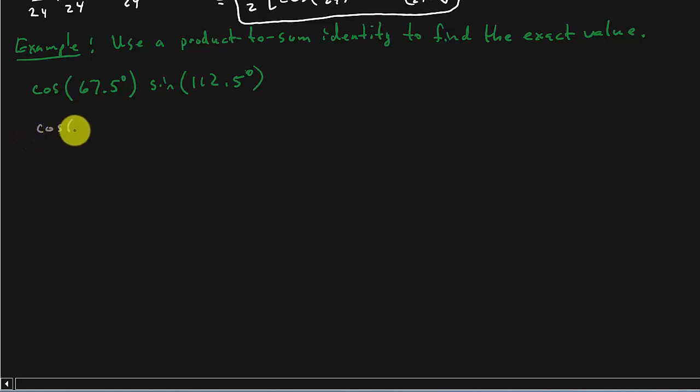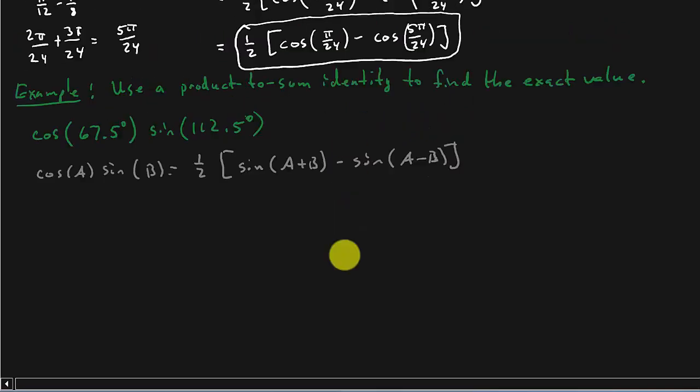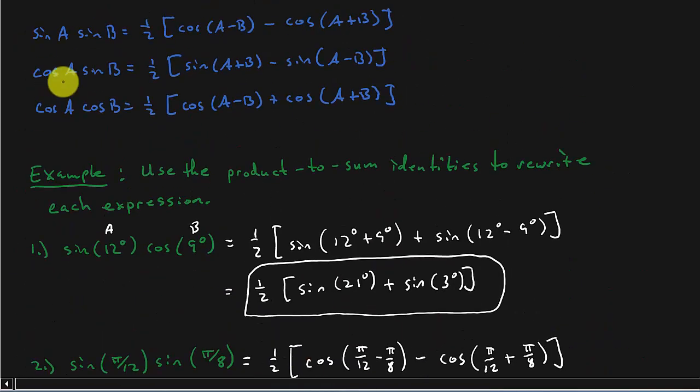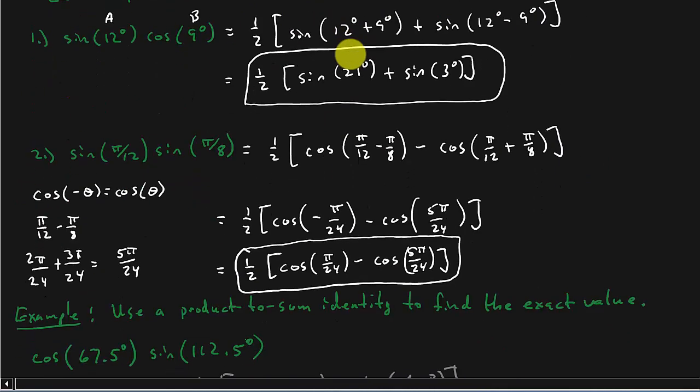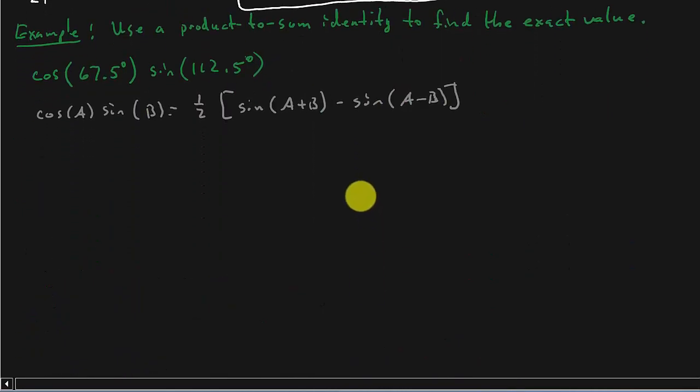We've got cosine A times sine B is equal to 1/2, and that's going to be sine A plus B minus sine A minus B. So we got cosine A sine B. This is the formula we're using. I just wrote it down here so we could see it.